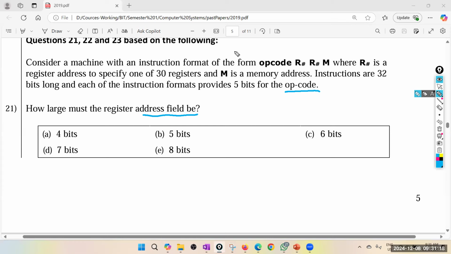This is partially related to what we discussed today. The other part is related to memory addressing that we discussed last week: logical memory address, physical memory address, and how the memory is organized.